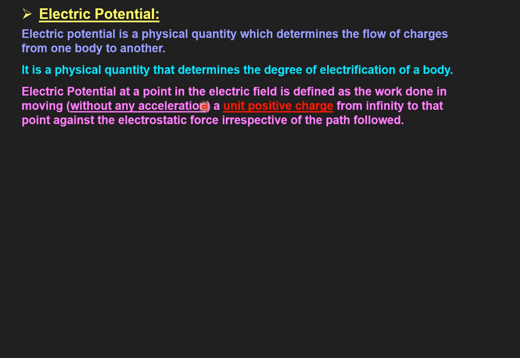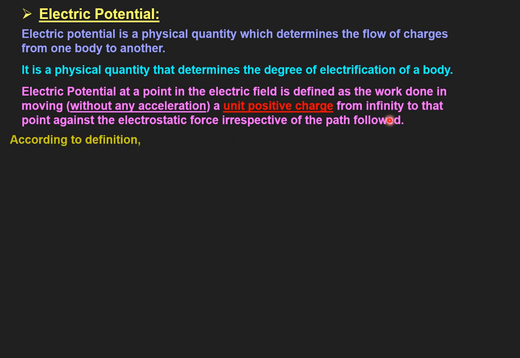So electric potential at a point in the electric field is defined as the work done in moving a unit positive charge from infinity to a given point in the presence of an electrostatic field or force without accelerating the charge, irrespective of the path followed. Any path you can choose, no problem in that.